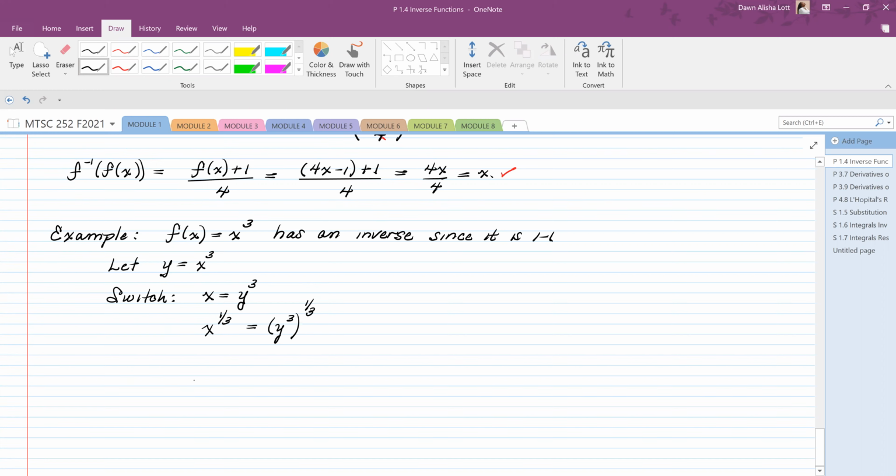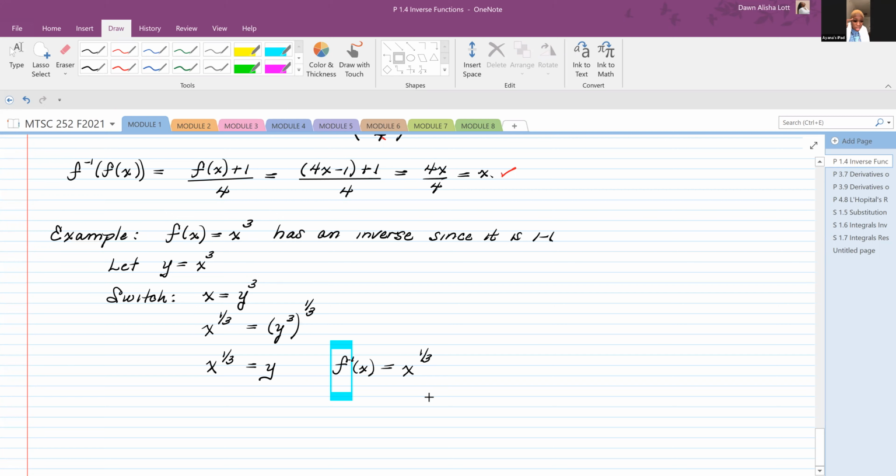And so now I get x to the 1/3 power is equal to y. And so now I'm going to call y f inverse. So my f inverse of x now becomes x to the 1/3. So that is my inverse function.